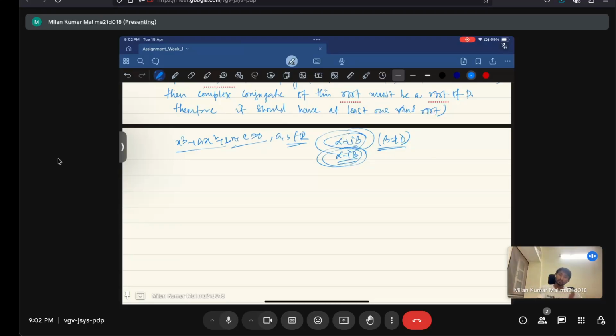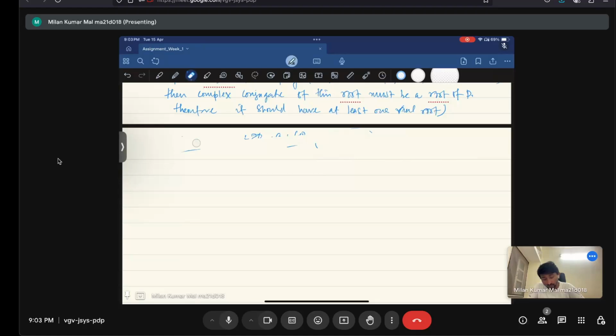If alpha plus i beta repeats 2 times, then alpha minus i beta also repeats 2 times. So the other root has to be real, because if it is not real and is something like gamma plus i delta, then there must exist another root gamma minus i delta. In that situation we would have 4 roots, but that is not possible. So one of the roots has to be a real number. This is a very important thing.